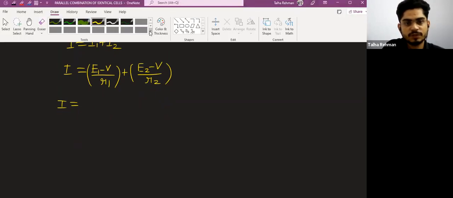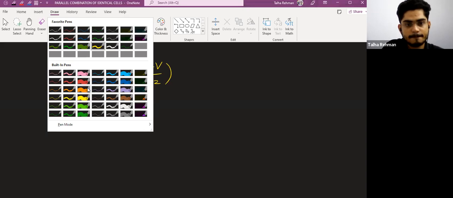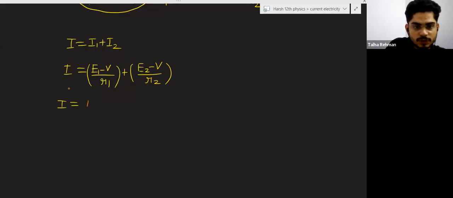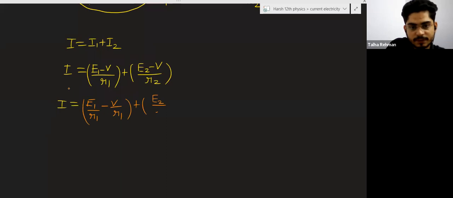So this is E1 divided by R1 I can write, and this I can write V divided by R1. And for this I can write E2 divided by R2 minus V divided by R2.